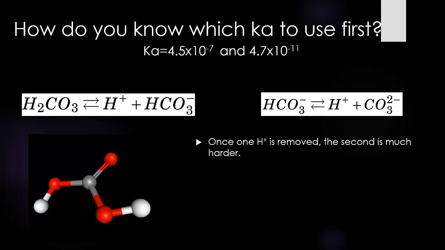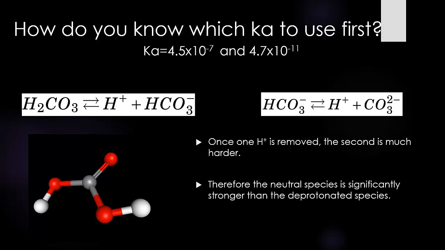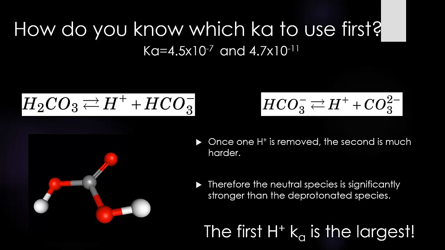And so H2CO3 is a much stronger acid than HCO3-. And therefore, this first deprotonation step happens much more often and has the higher Ka associated with it. And so the higher Ka matches with the H2CO3, the lower Ka matches with the HCO3-.